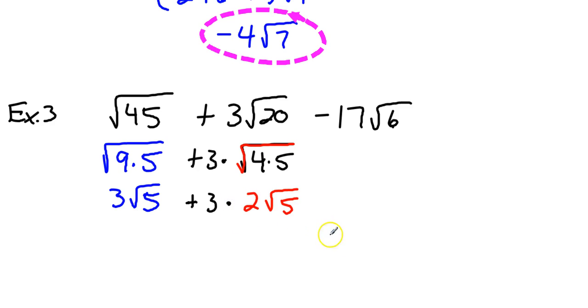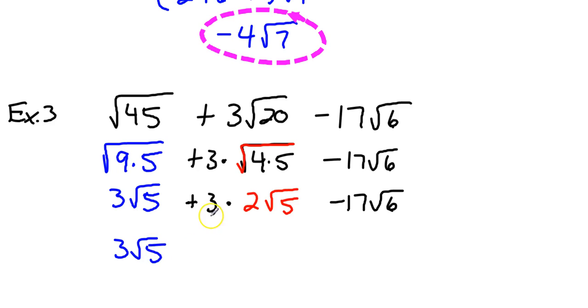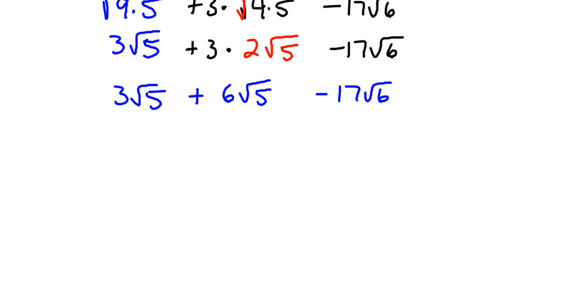So we have 3 times 2 square root of 5. And with the 6, you could break it down and make it 2 times 3, but it doesn't really break down any farther. So for that part, it's just 17 square root of 6. Okay, so we've got 3 square root of 5 with this one. We've got 3 times 2 for 6 square root of 5, and then minus 17 square root of 6.